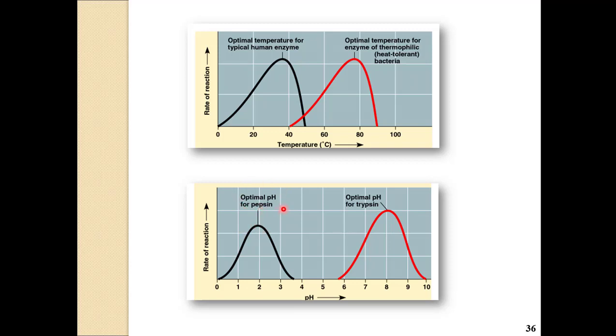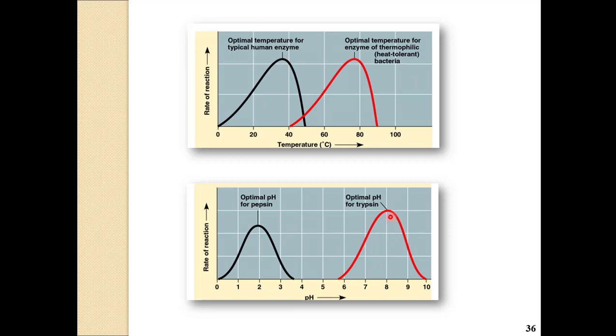But now look over here at trypsin, which is another enzyme. This is an enzyme found in your small intestine. Your small intestine tends to be alkaline, or basic, and you can see here that trypsin works best at a pH of 8, which is alkaline.